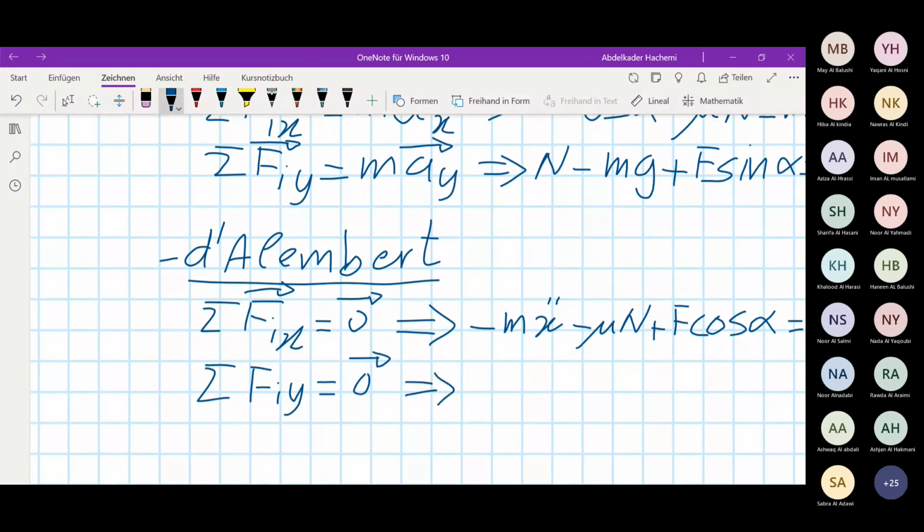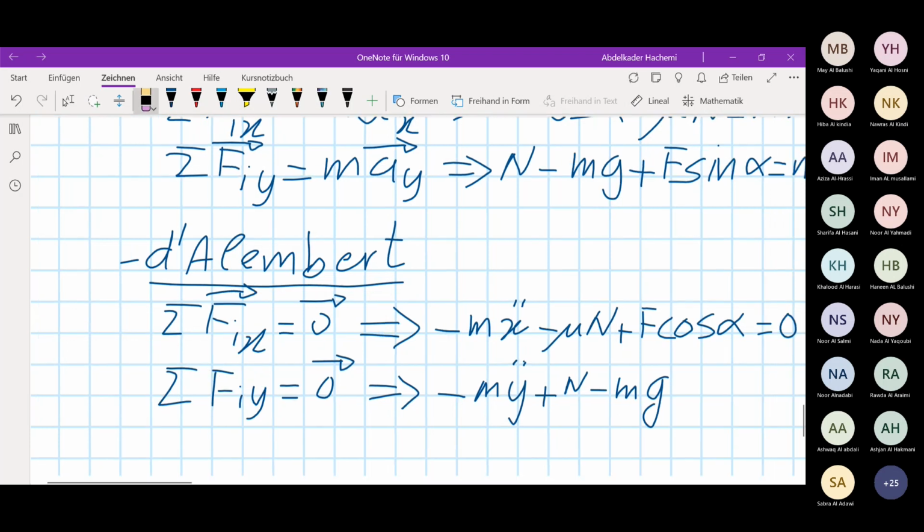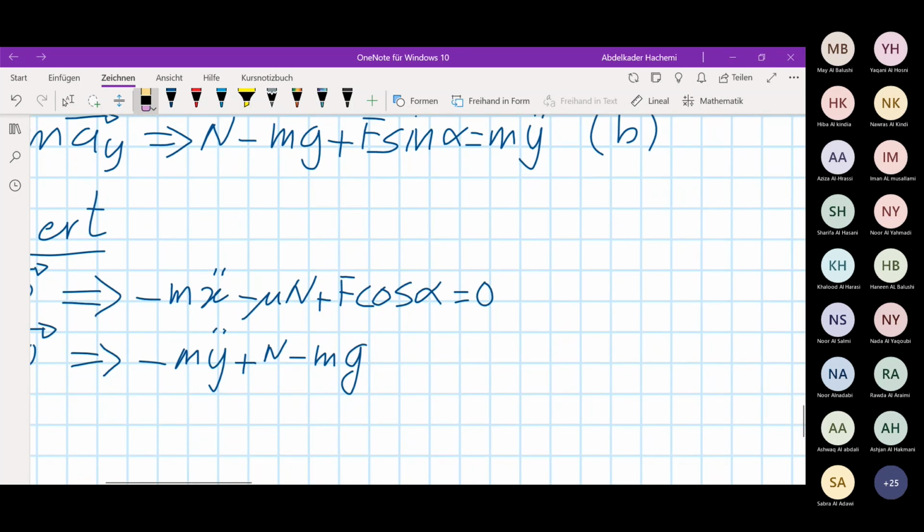In this case, we have the vertical force minus m, the vertical inertia force y dot dot, plus N minus mg plus F sine alpha. This is equal to 0.